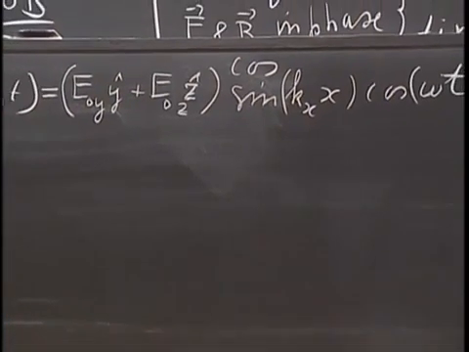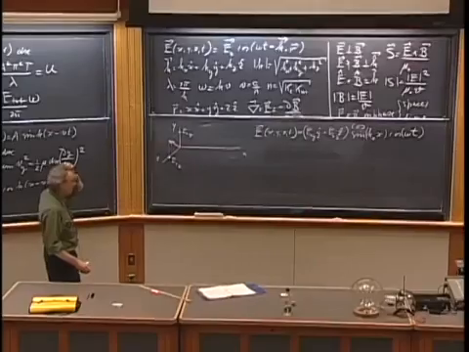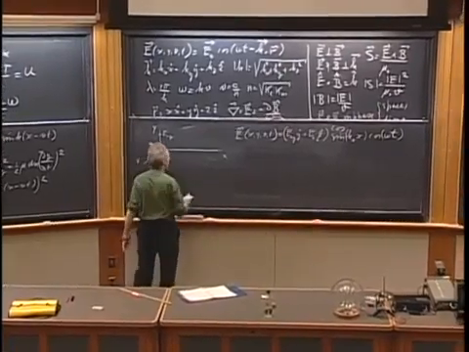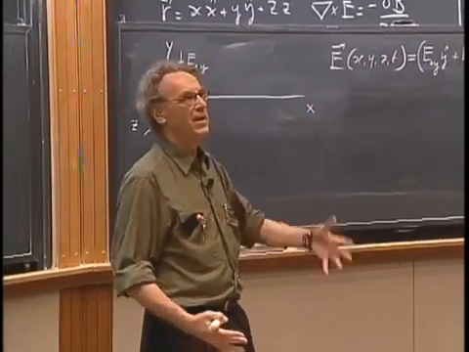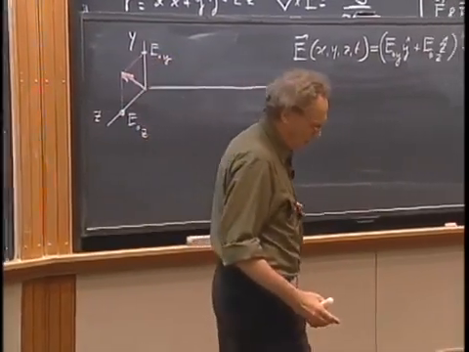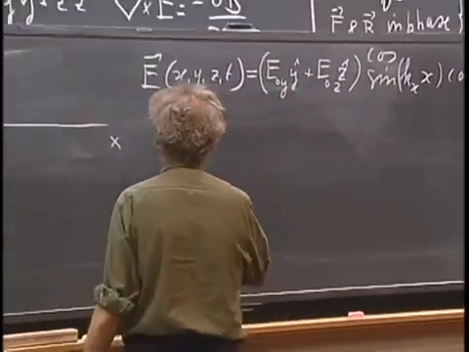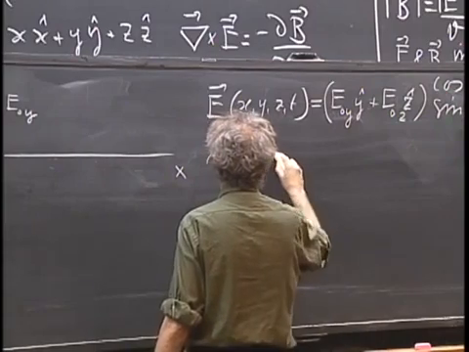There is no dependence of E in y and z, the plane waves. So if you take any plane perpendicular to x, infinite in size, independent of y and z, the E vector will be the same. And so therefore, k of y is 0, and k of z is also 0.